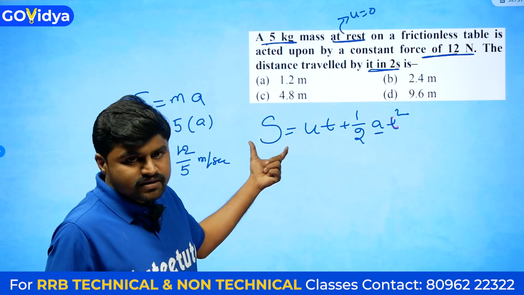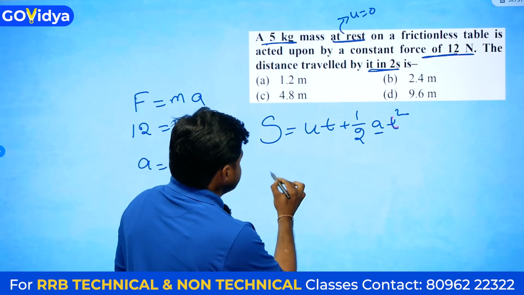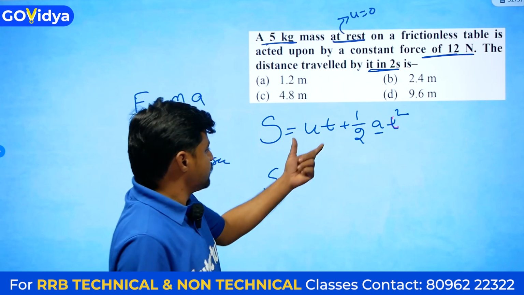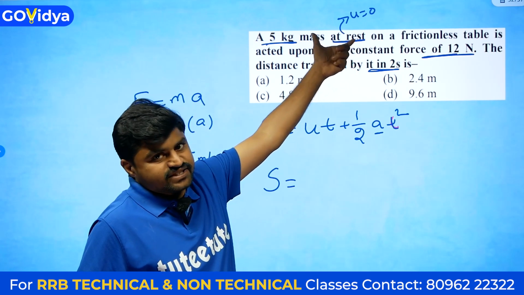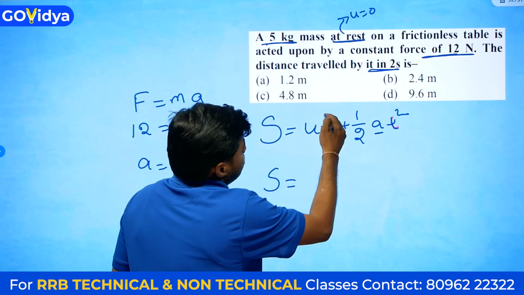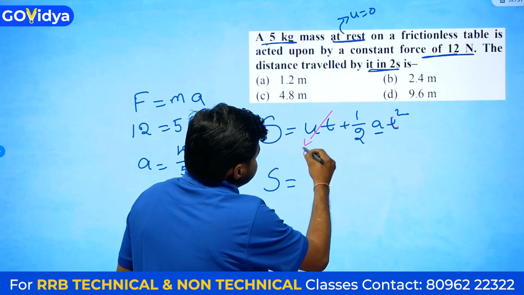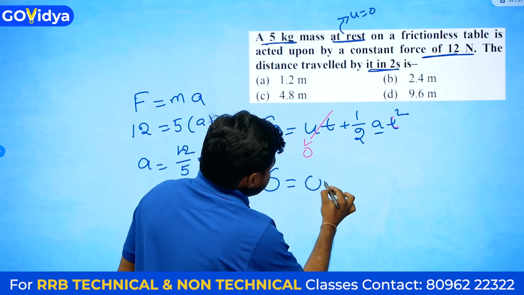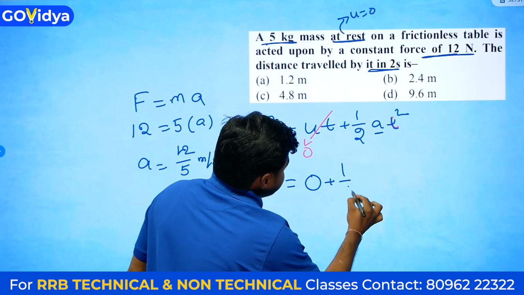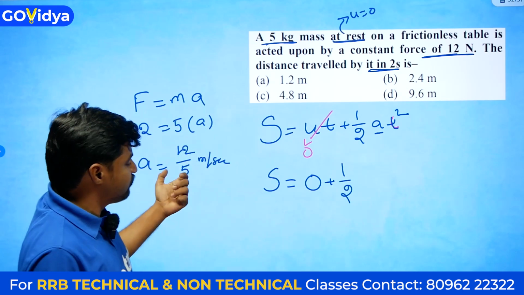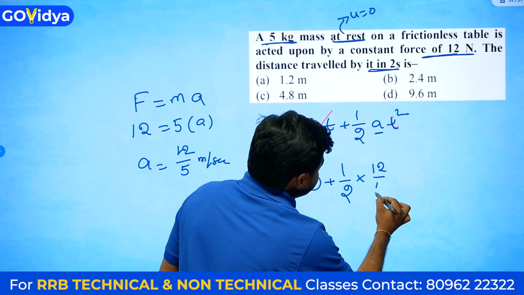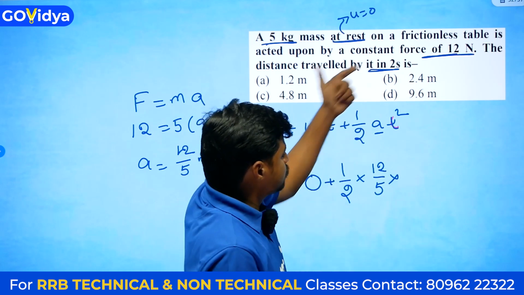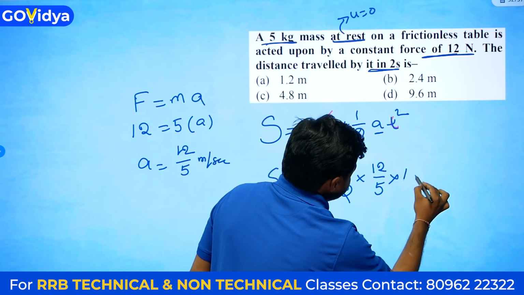We will get distance. Okay, s is equal to u is equal to 0. Why? The mass is at rest, initially at rest, initial velocity is 0. This total term will become 0 plus 1 by 2 a. What is the value of a? 12 by 5 into t square. Time is 2 square. 2 square means 4.